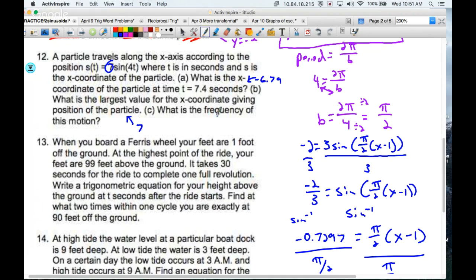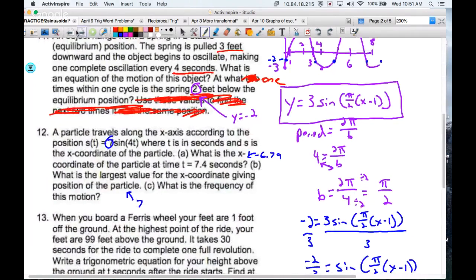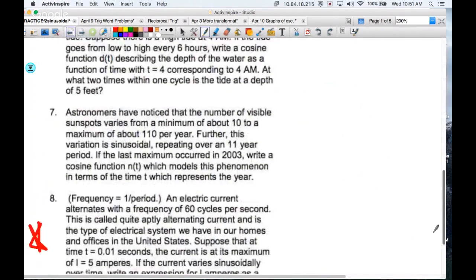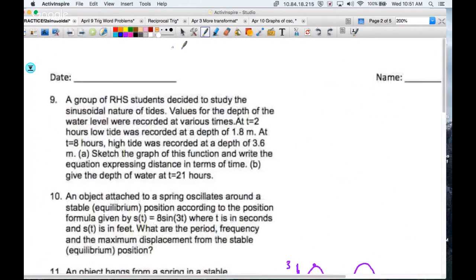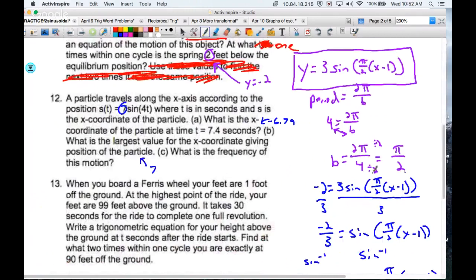And the frequency, we've got a formula for frequency. It's on the previous page here. Frequency equals 1 over period. So we've got to do a couple calculations for that. First, to get the period, we have to do 2 pi divided by b.